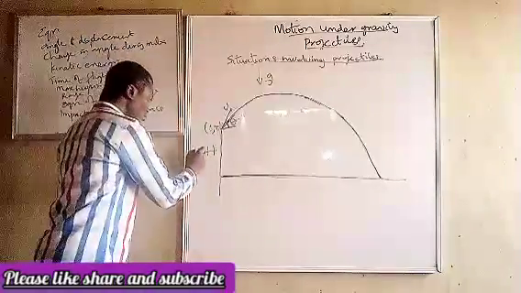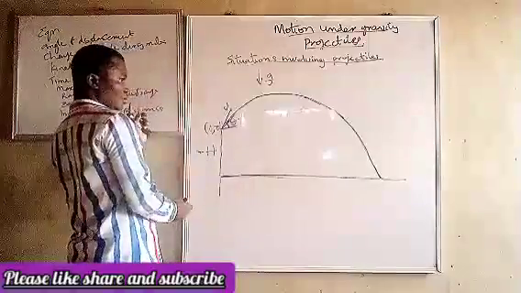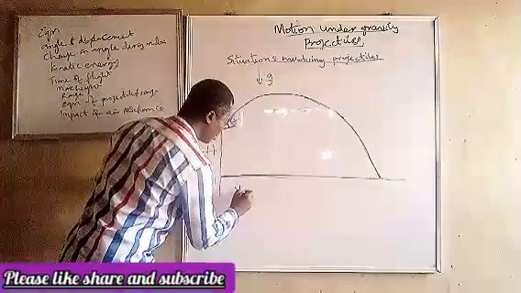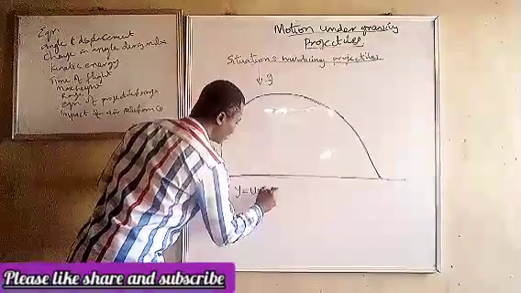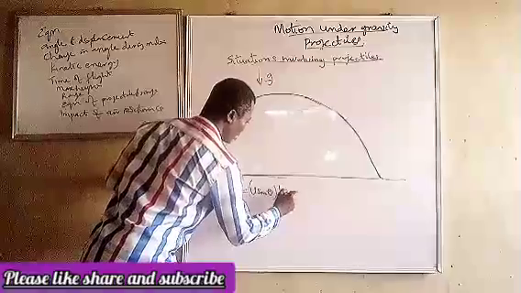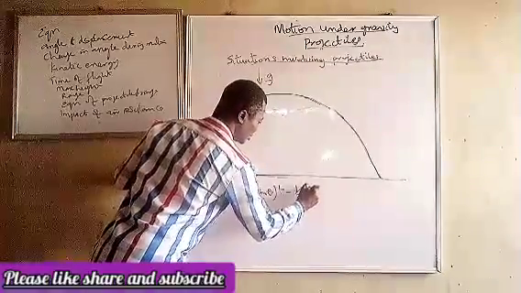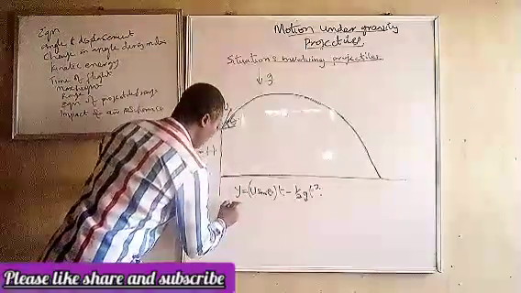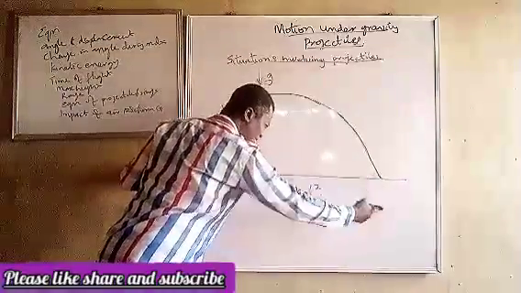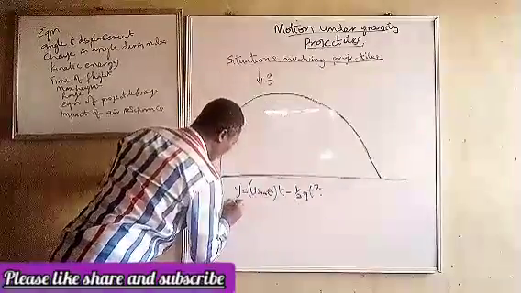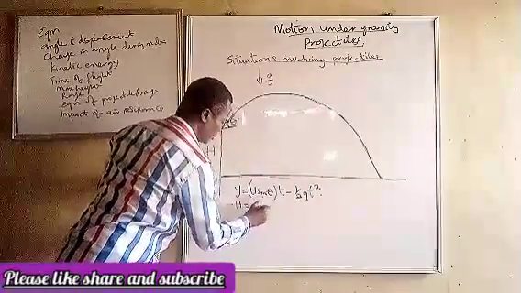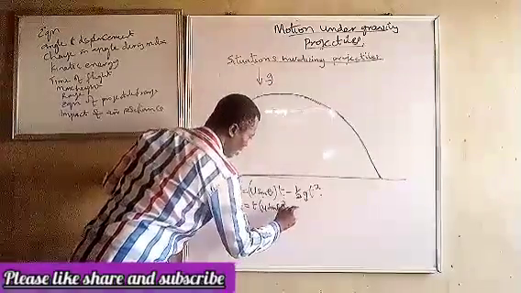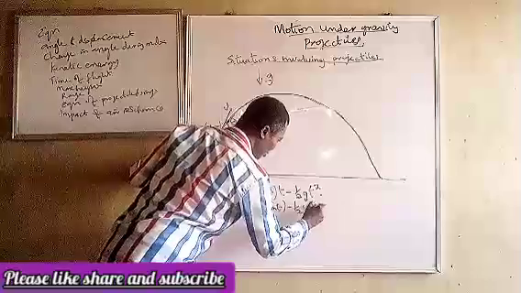So I will just substitute it into the equation, y equals u sine theta into t minus half g t squared. If I want to find the time or x at this point, I just say minus h is equal to t into u sine theta minus half g t squared.